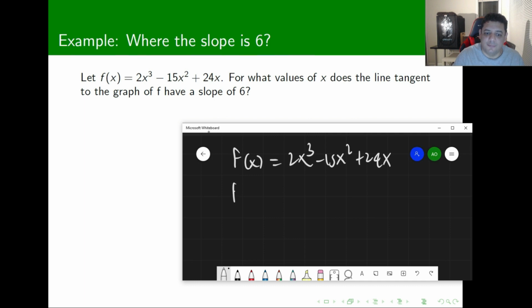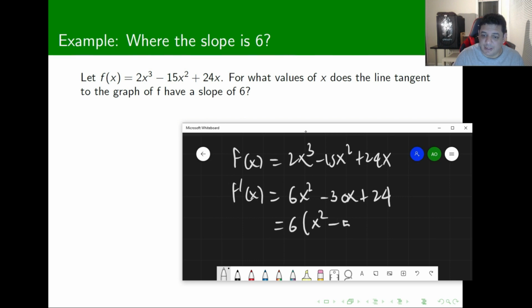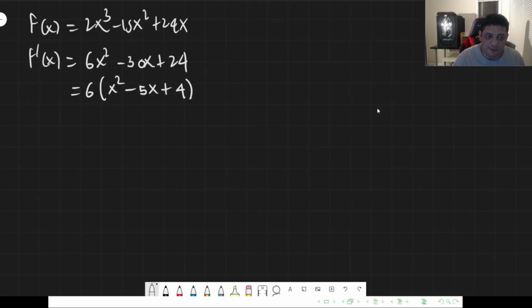So we can find f prime of x. f prime of x is now 6x squared minus 30x plus 24. Notice that they're all multiples of 6. So 6 times x squared minus 5x plus 4. So the question is, when is this going to be 6?